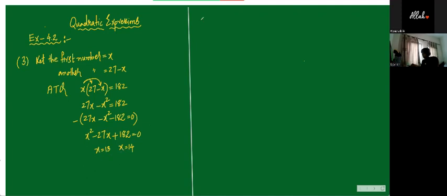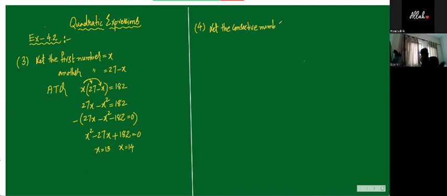Now next, question number 4. Find the two consecutive positive integers, the sum of whose squares is 365. Let the consecutive numbers be x and x plus 1.